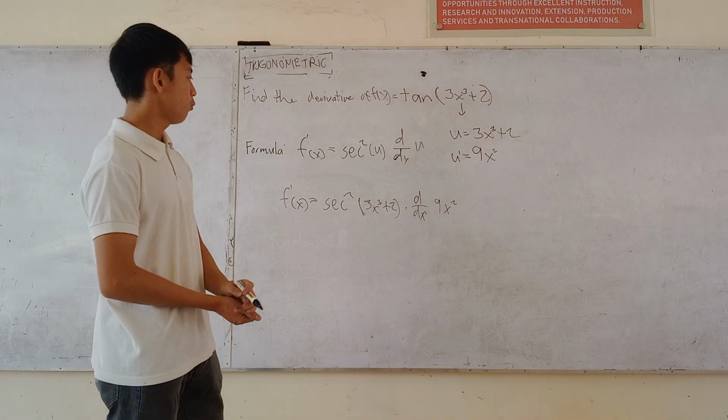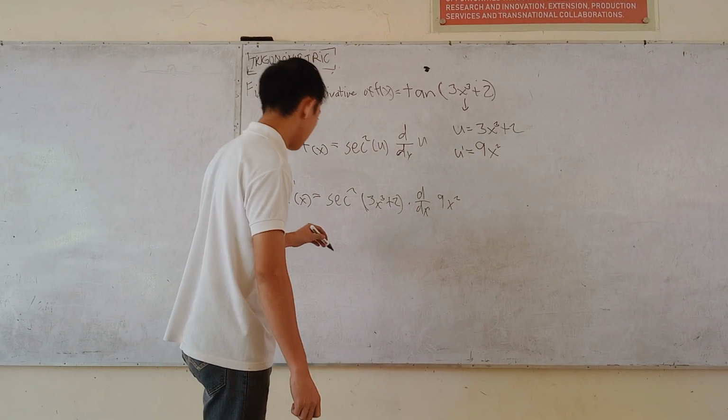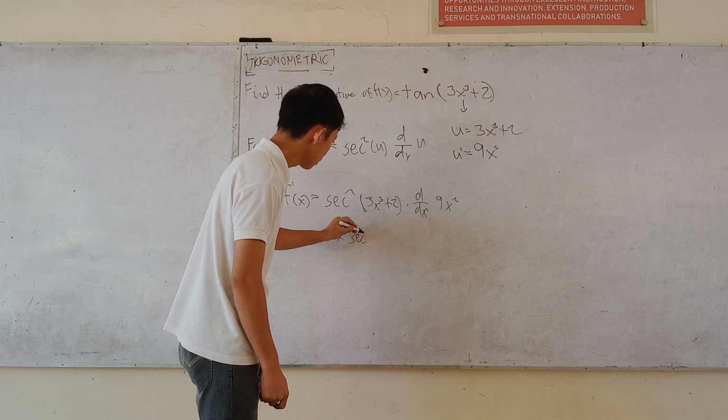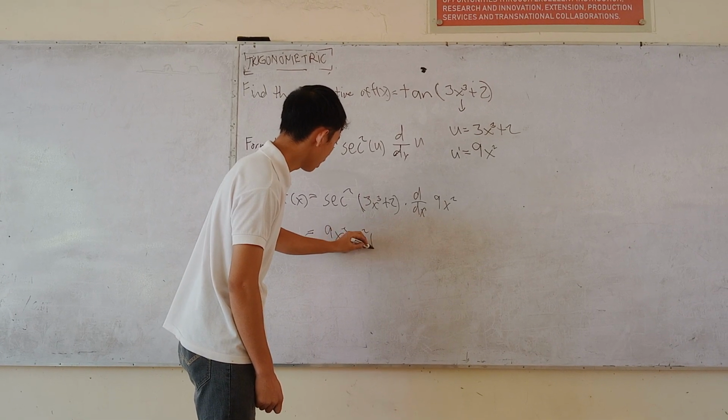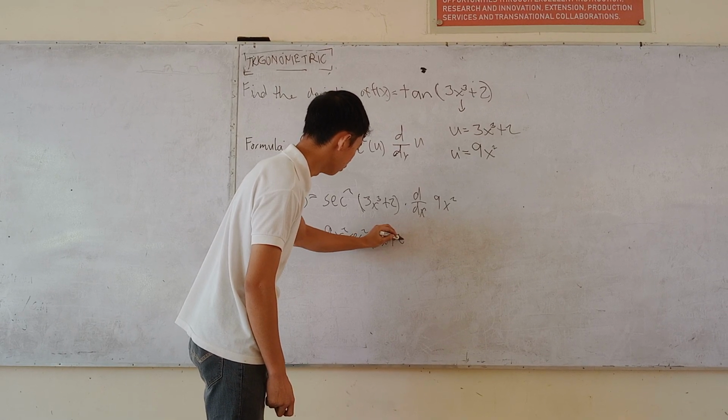So simplify it, which will look like 9x squared secant squared of 3x cubed plus 2.